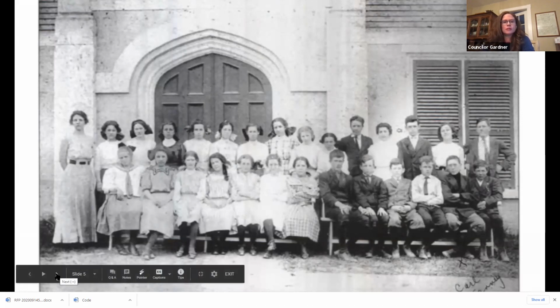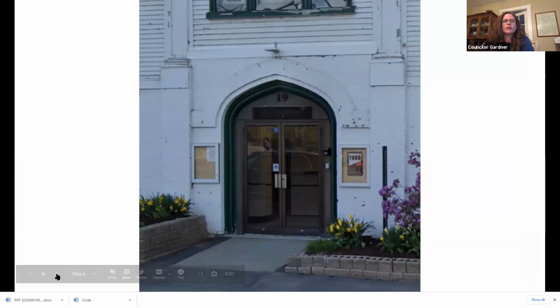Next slide, please. So this is the current entrance. We have our accessible doors now. We've got a little bit of change around the exterior. We have some lovely flower beds. Thank you, Orono beautification folks. But as you can see, there's definitely some wear and tear on the building. Next slide, please.